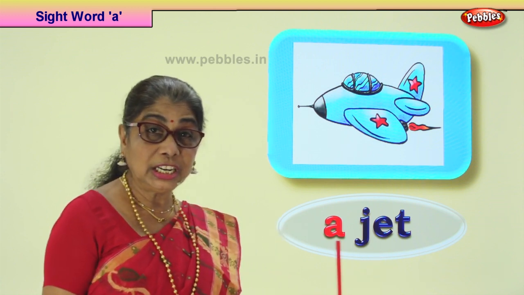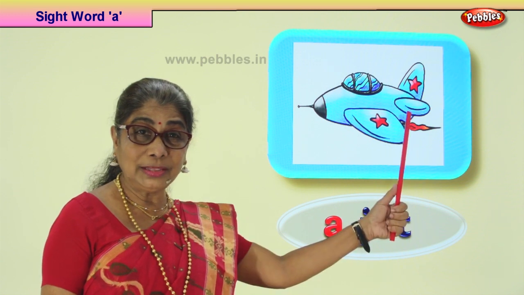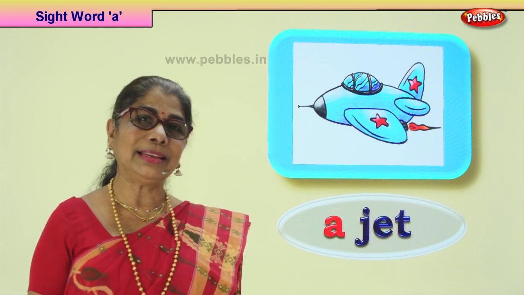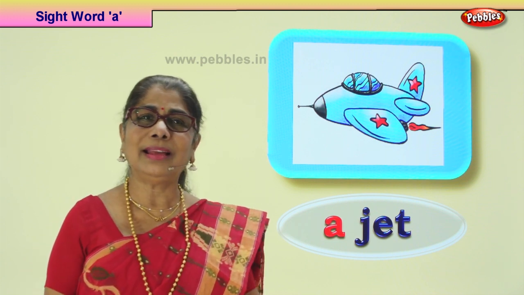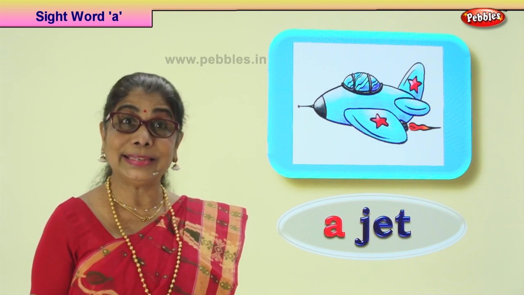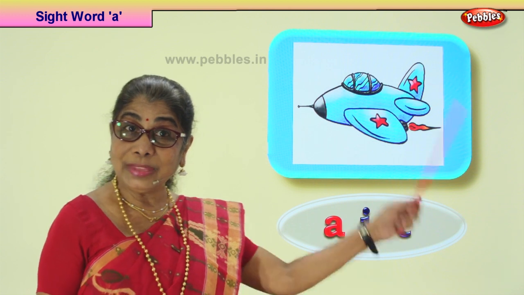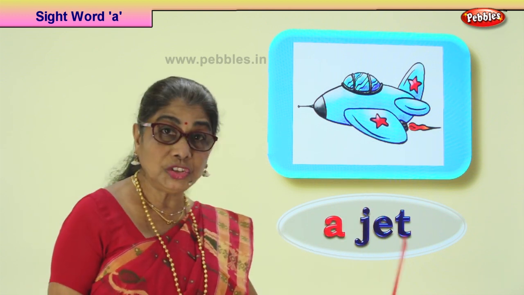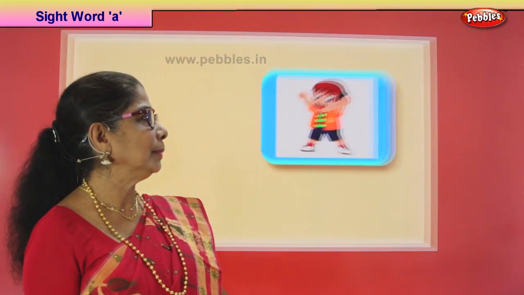J, jet. Where does the jet fly? Flies in the sky. A pilot takes the jet for trial and he goes. When he goes in the sky, it makes a big noise and you feel very happy. Jet, jet. Good. Let's take our next picture.